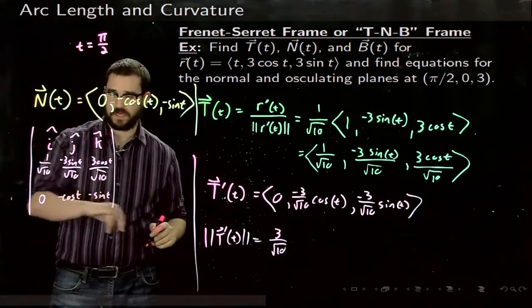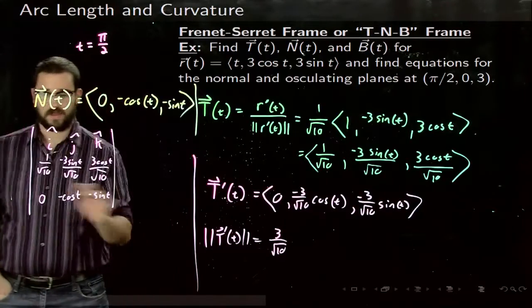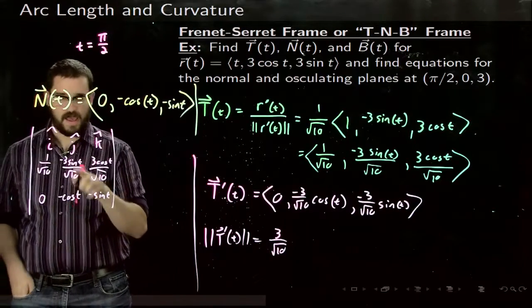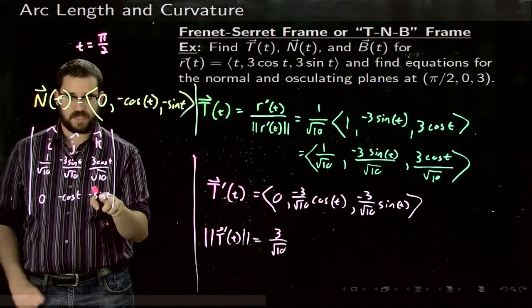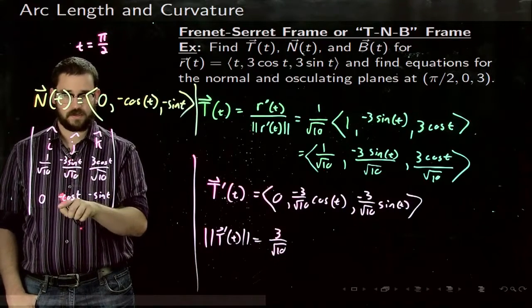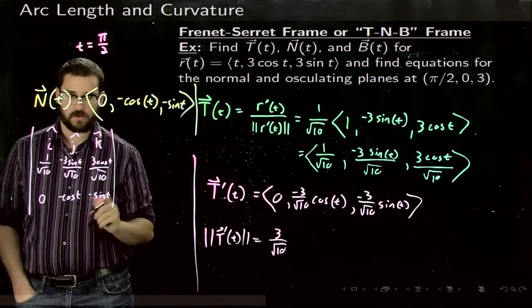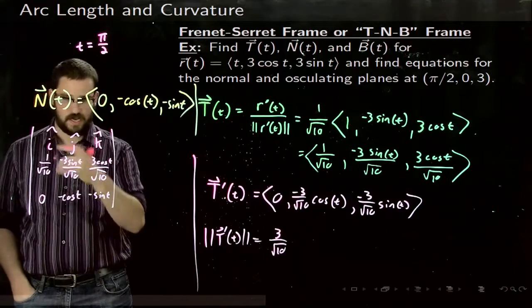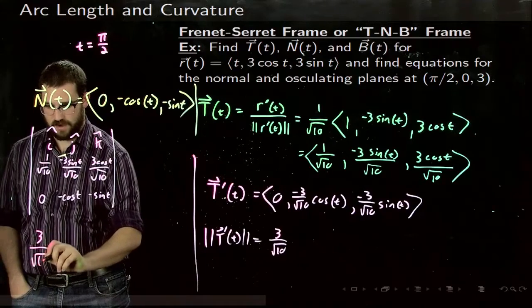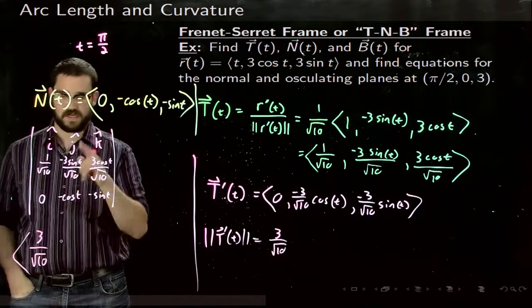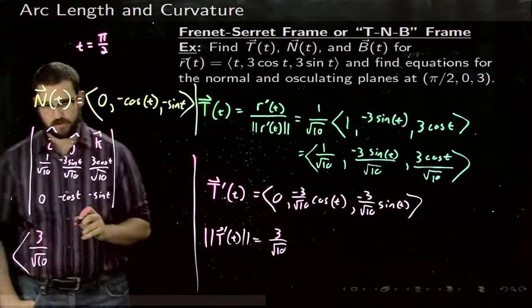So we do our determinant, and for i hat, we get 3 sine squared of t plus 3 cosine squared of t, and we're going to get 3 over the square root of 10 for this one, because sine squared plus cosine squared equals 1.